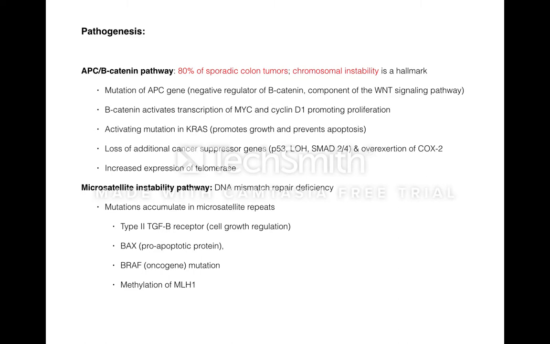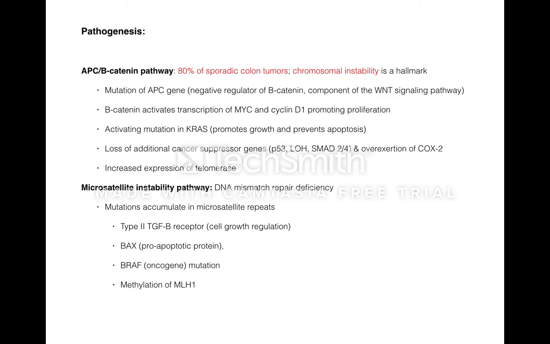Beta-catenin activates transcription of MYC and cyclin D1, promoting proliferation. This is followed by activating mutations in KRAS, which promotes growth and prevents apoptosis. You then get loss of additional tumor suppressor genes, such as P53, LOH, SMAD2 and 4, in addition to overexpression of COX2. You then also get increased expression of telomerase.